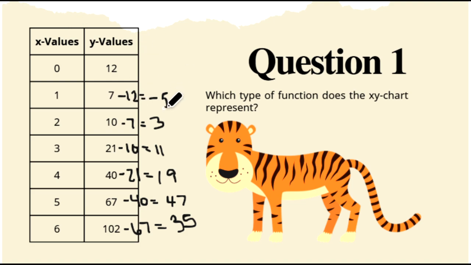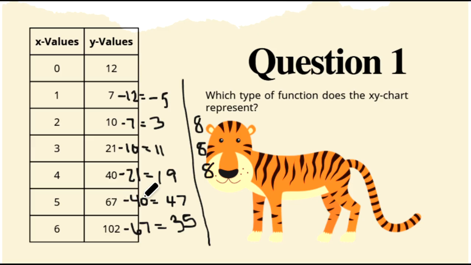So let's continue on and see if we can find a second difference and make it a nice, pretty pattern. Okay, so we have 3 minus a negative 5, so that would be 3 plus 5 would give us 8. Okay, 11 minus 3 would also give us 8. 19 minus 11 would give us 8.